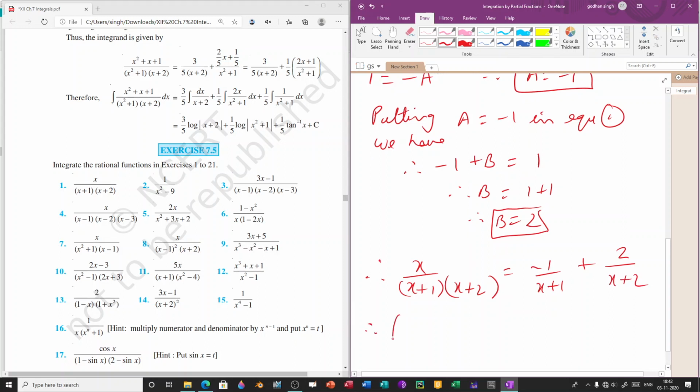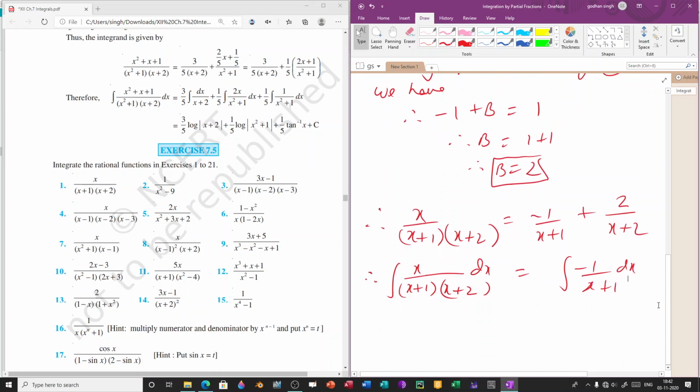Therefore, the integration of x over x plus 1 into x plus 2 dx will be equal to the integration of minus 1 over x plus 1 dx plus the integration of 2 over x plus 2 dx. And we know the integration of 1 by x is log x.